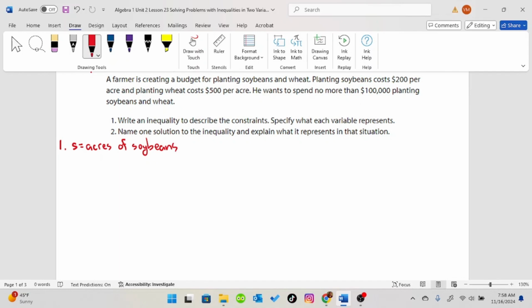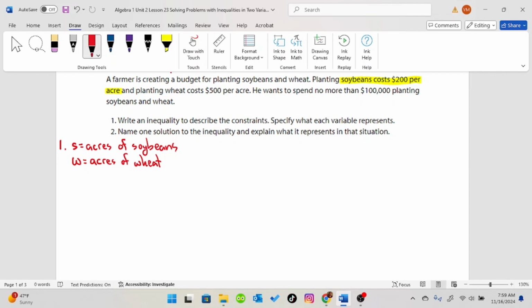The second variable I'm going to use is going to be W, and that is going to represent acres of wheat. Now, as we look at this, we can see that soybeans cost $200 per acre.